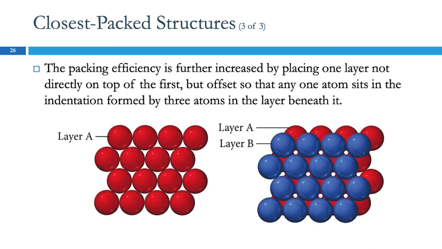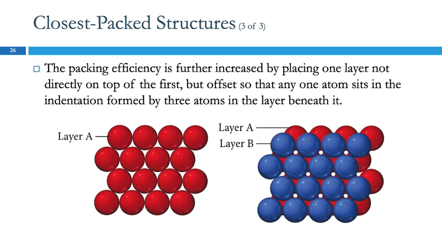If we take that second layer and move it over a bit, so it's offset, this atom is sitting in the little divot made by those 3 atoms. And this is what things like to do, oranges, marbles, etc. They're going to get as close as they can because gravity's pulling them down.